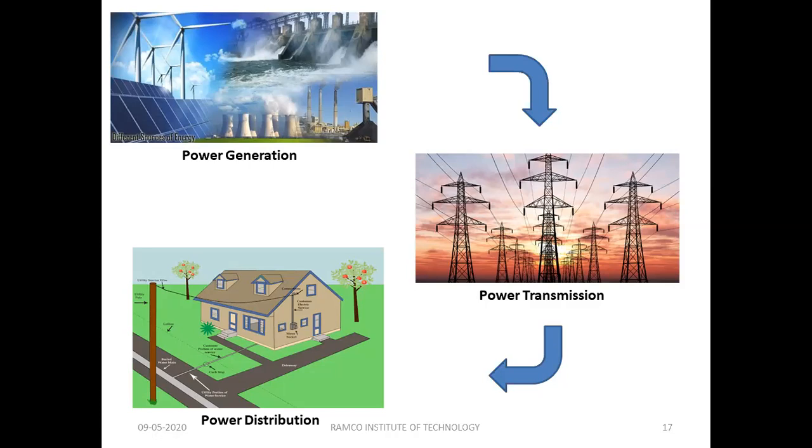Power generation: for example, we have Thoothukudi thermal power station, Mettur thermal power station, Kalpakkam atomic power station, Kudankulam atomic power station, and Kundah hydro power station. So many power stations are there.